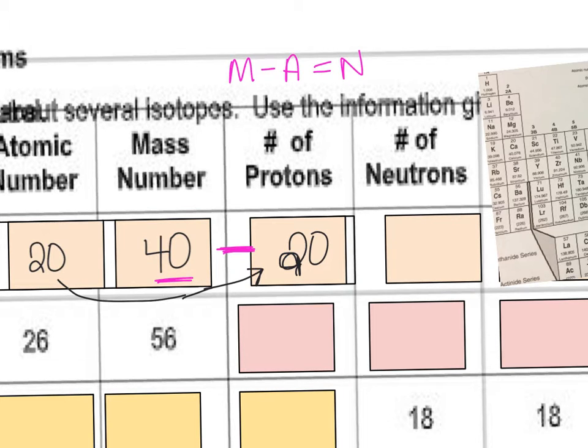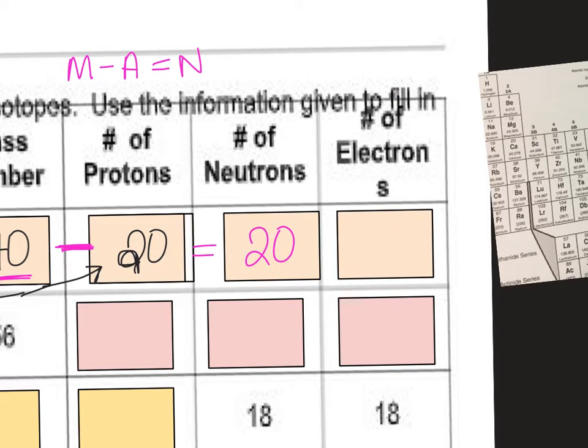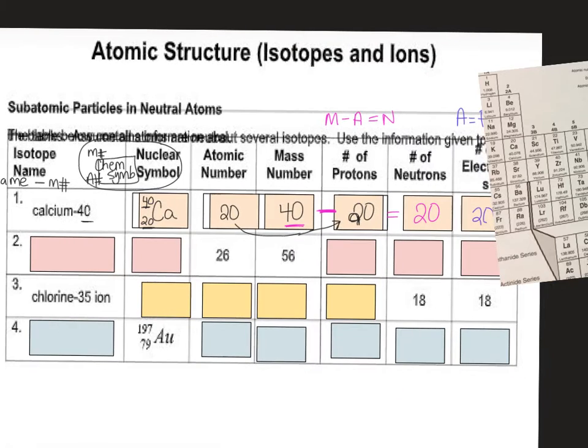So we're just using that idea right now. So we're going to do that, and you should be getting 20 for your neutrons. And then this last box that we've got is number of electrons. Well, since this is not an ion and it is neutral, we can assume A equals P equals E, just like on the first part of this homework. So we're going to put a 20 there. So that is the line for calcium 40.